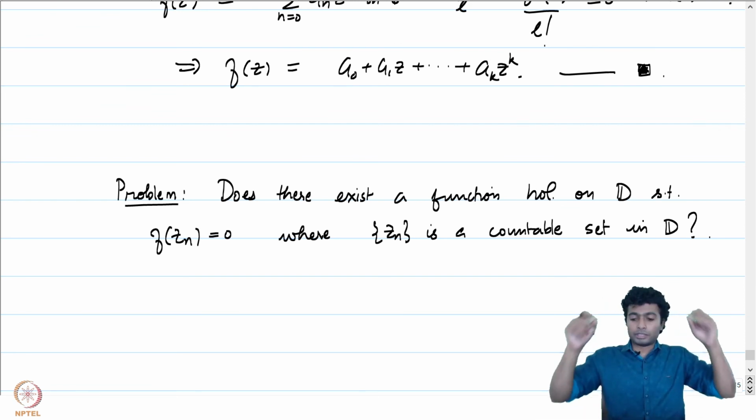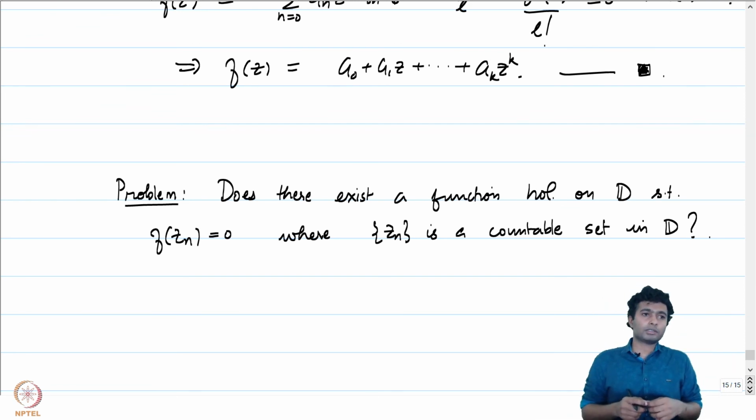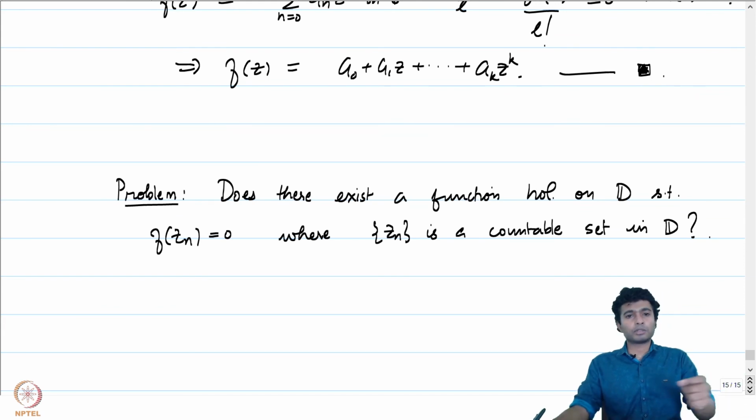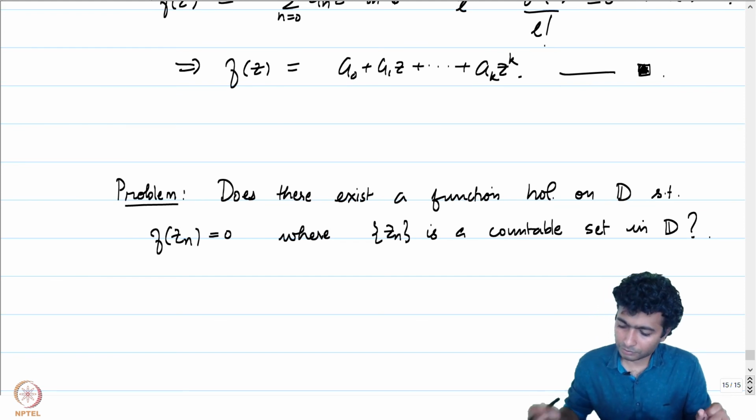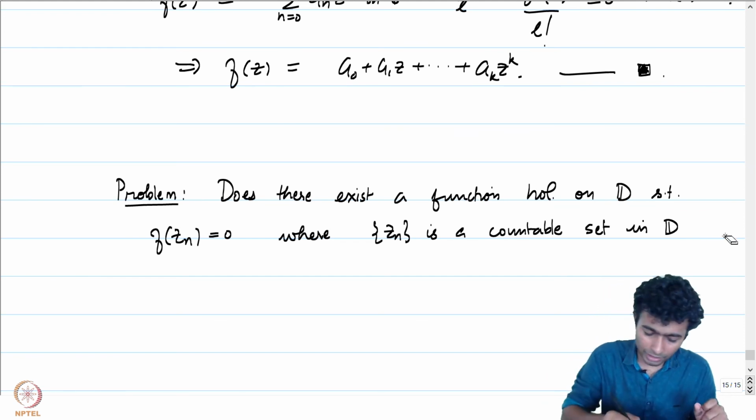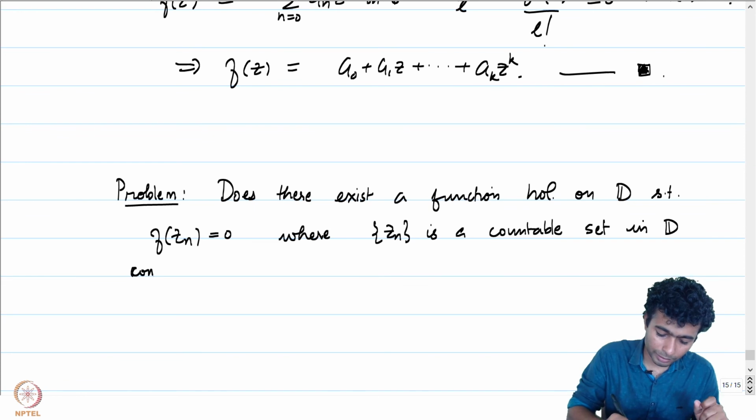So in particular, if our Zn is contained in some disk of radius r around 0 for r less than 1, then this countable set would be contained in the closed disk, which is a compact set. So, a countable set in D consisting of distinct points.